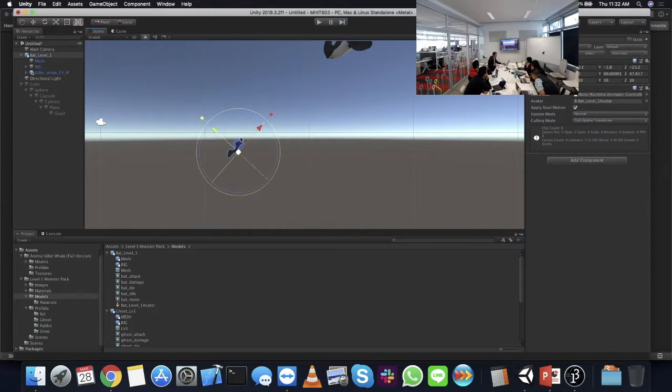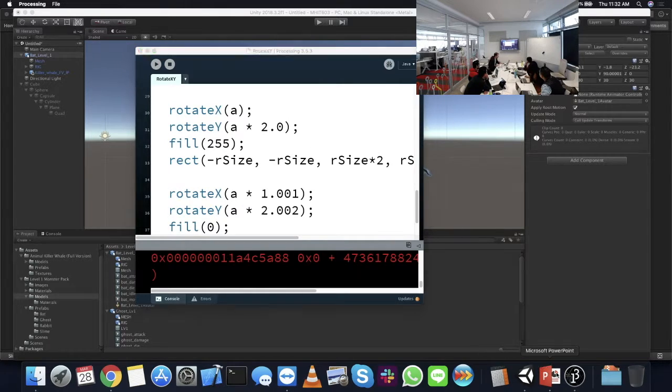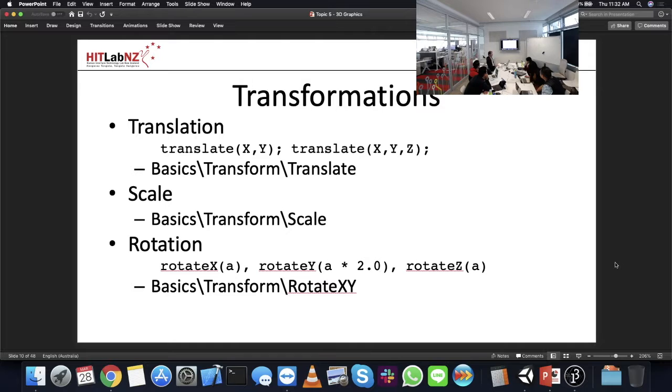If the bat is rotated 90 degrees, for example, what was previously my x now has the same effect as moving it in the y. Does that make sense? It's complicated stuff, but unfortunately that's the way it works.